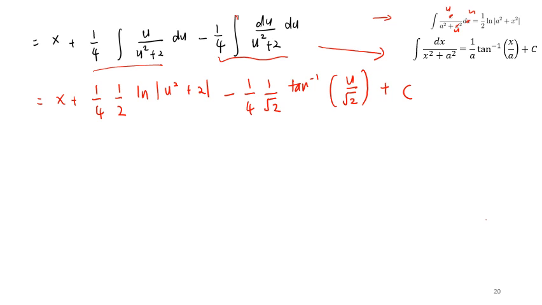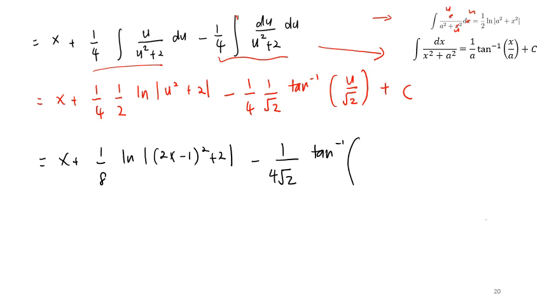And finally, don't just stop there. You need to substitute everything back in terms of x, okay? So x plus 1 over 8 ln of, just now our u is 2x minus 1, right? So ln of 2x minus 1 squared plus 2, minus 1 over 4 root 2 arctangent of u, which is 2x minus 1 over root 2, plus c.